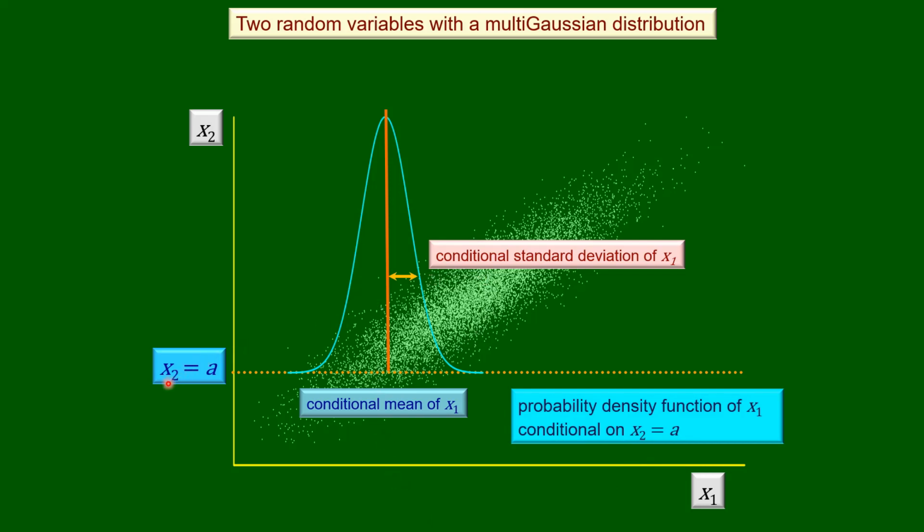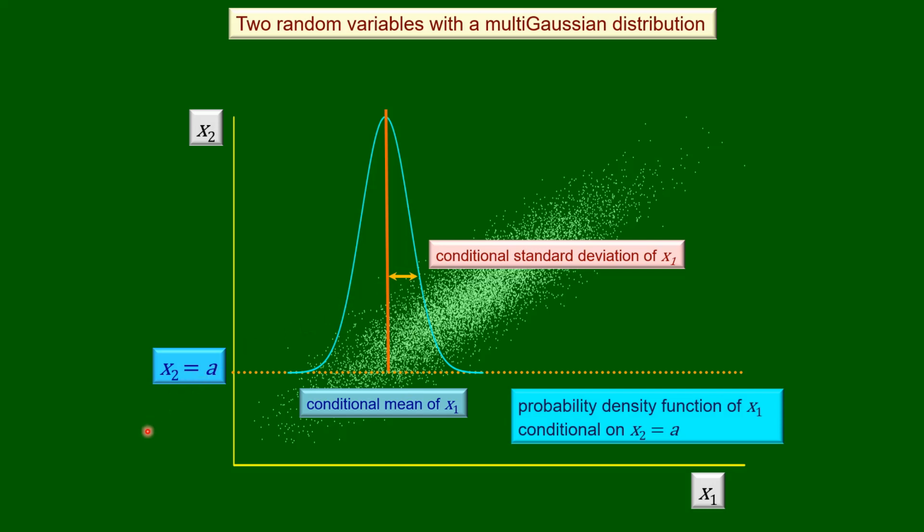So knowing x2 has done a couple of things. It shifted the expected value of x1, the mean of x1, from here to here, compared with if I know nothing about x2. And it's reduced the standard deviation of x1. That is, I'm more certain of x1 than I would have been if I hadn't sampled x2.